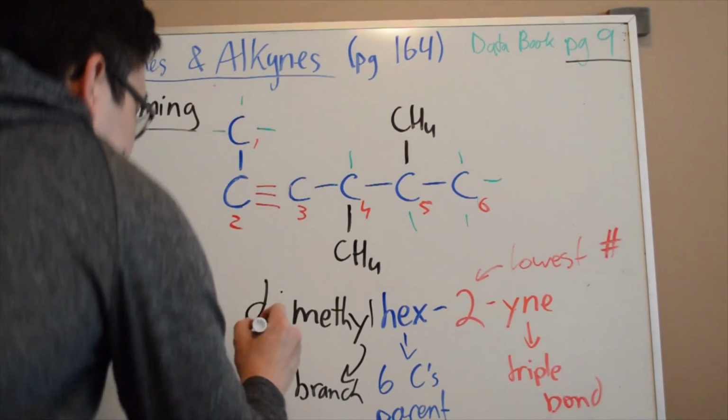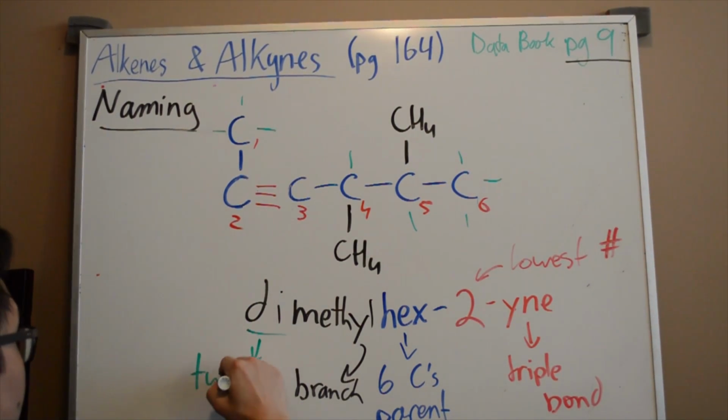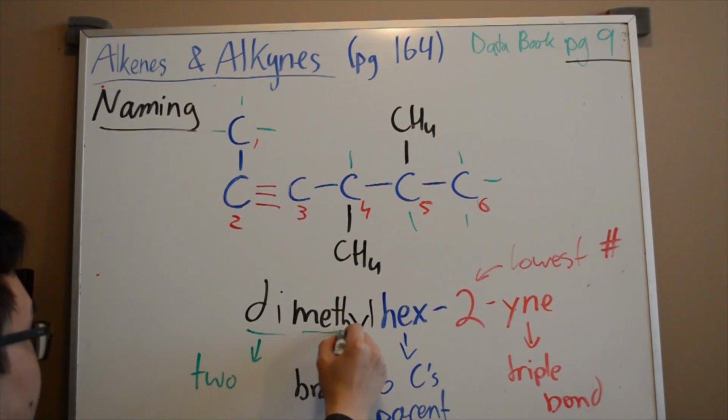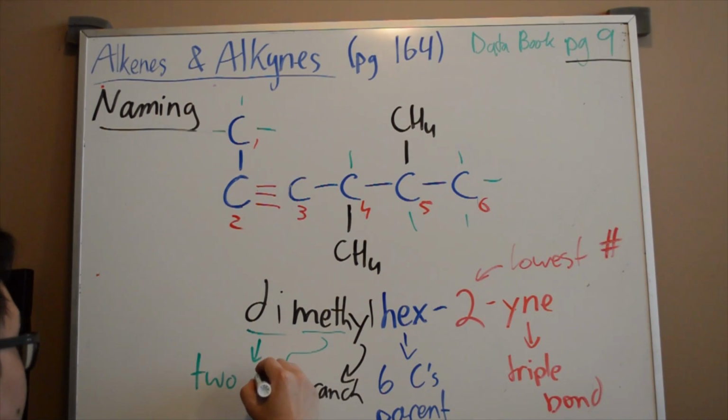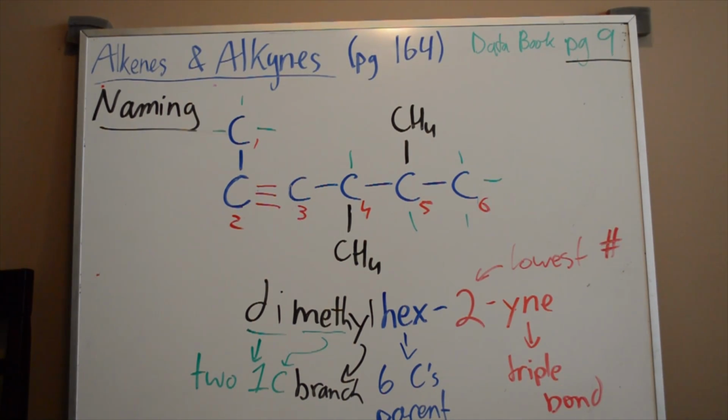What does the di tell me? We have 2 of these, 2, and then the meth part right over here, 2 1 carbon branches there. Which carbons are they on?